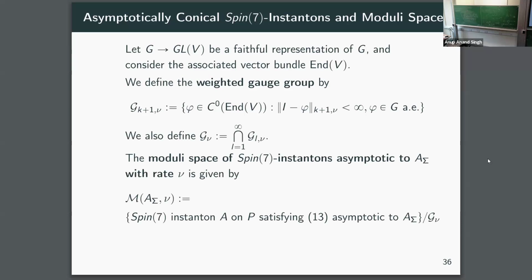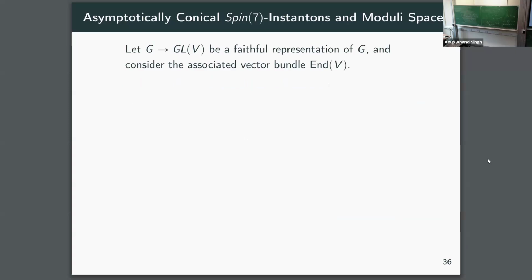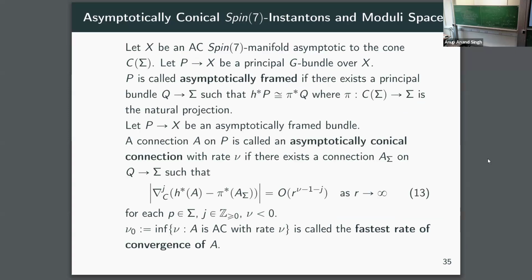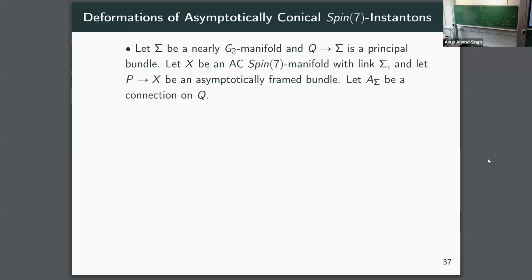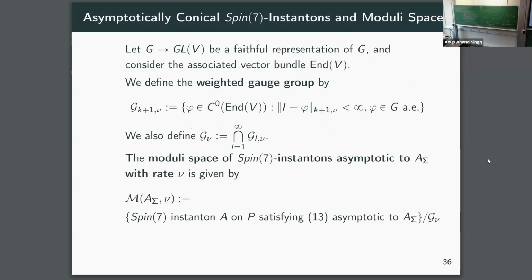Then I can talk about the moduli space of Spin(7) instantons asymptotic to an instanton on the link with rate nu, if it's a Spin(7) instanton, which I defined before, and satisfies this asymptotic relation with sigma, which is an instanton on the link. And then I'll quotient it by this gauge group I defined just now.